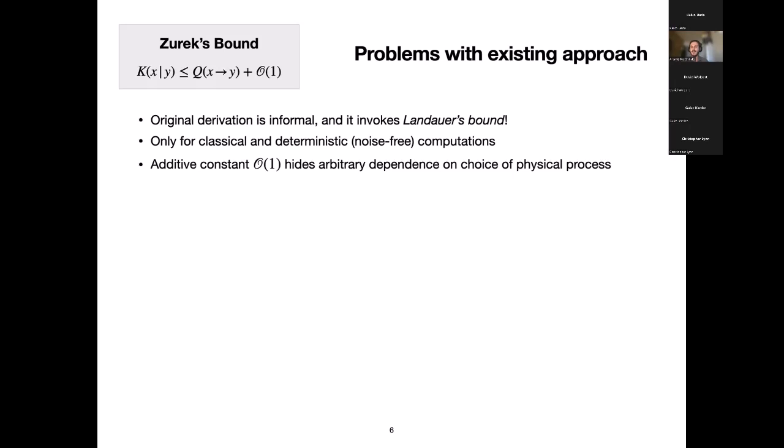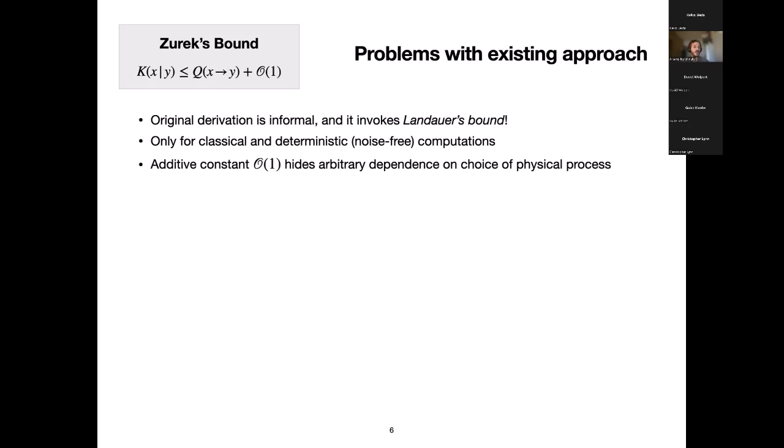And maybe there's even some quite questionable steps. One of the questionable steps is that in deriving the bound, it invokes Landauer's bound, which was known at the time. But of course, Landauer's bound is essentially an ensemble-based result. It only has to do with statistical ensembles. So the fact that the derivation used Landauer's bound strongly suggests that there's some kind of implicit assumption of an ensemble.